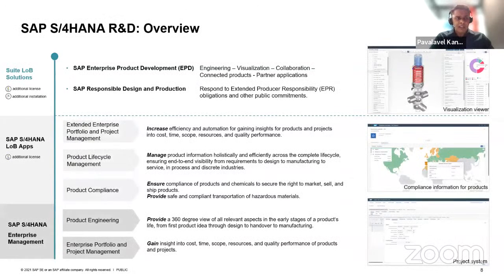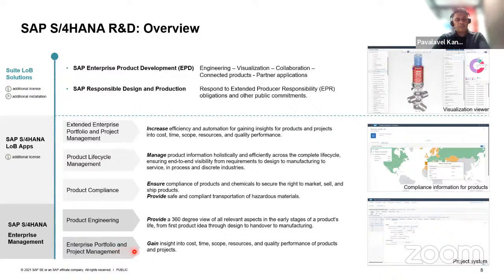Going to the next slide, a little bit of overview explaining what is part of your S4HANA Enterprise Management. When I talk about S4HANA Enterprise Management, it is basically a bundle of best practices available to customers to kickstart their business processes, as it's an accelerator. As part of enterprise management, you have enterprise portfolio and project management.